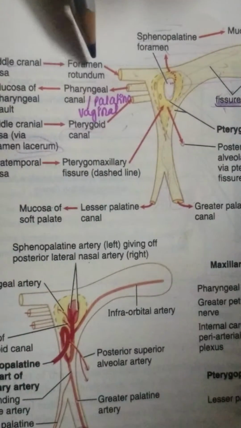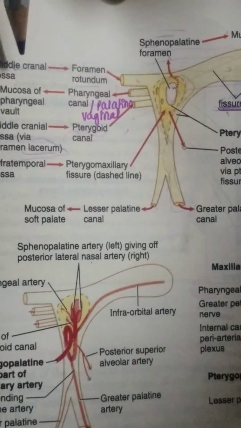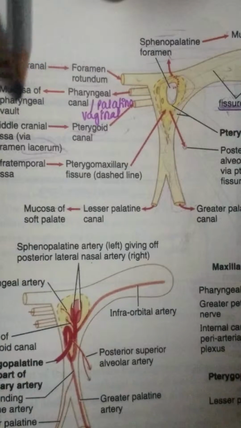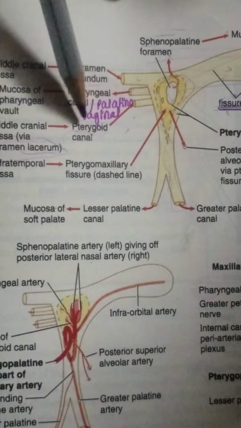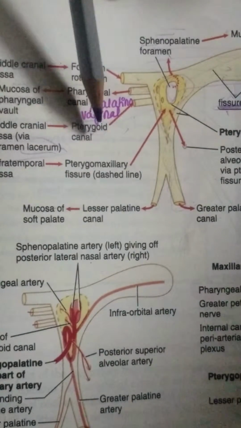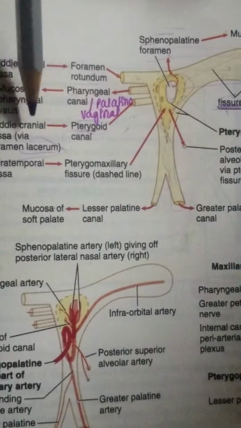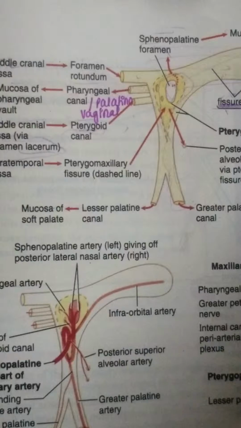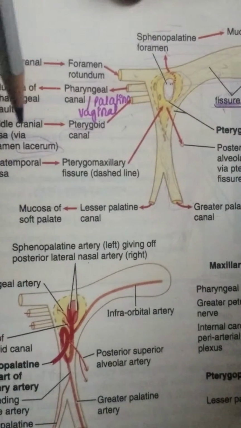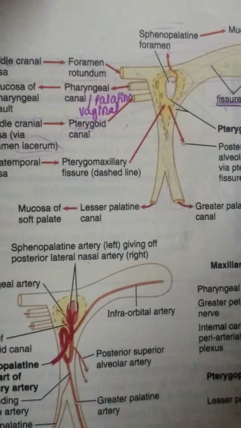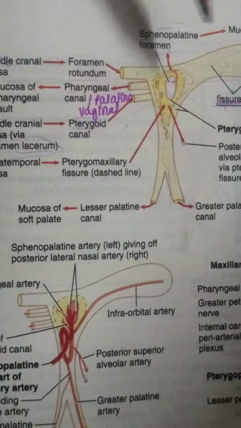So the foramen rotundum leads to the middle cranial fossa, and the pharyngeal canal leads to the pharynx, and the pterygoid canal. The third one is the pterygoid canal that through the foramen lacerum communicates to the middle cranial fossa. So these are the posterior communications: foramen rotundum, pterygoid canal, and pharyngeal canal.